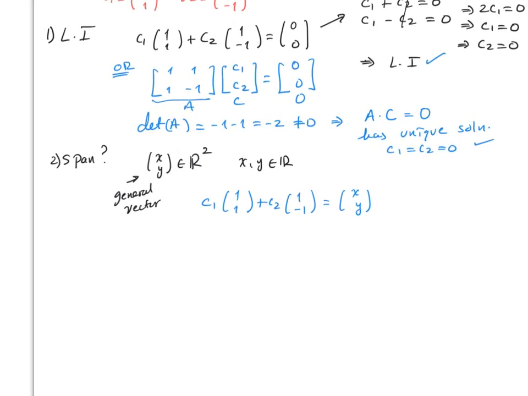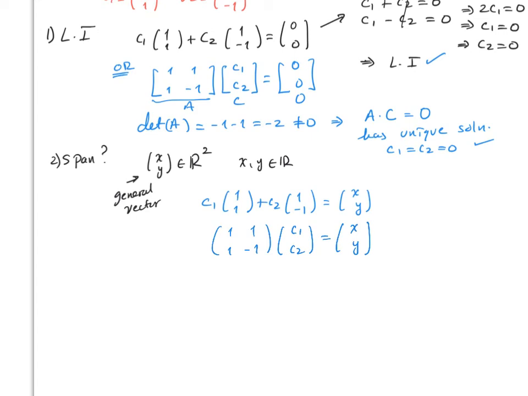Here, we have to use the method I just described. So we have the matrix [1, 1; 1, -1], this will be [c1, c2], and this is [x, y].